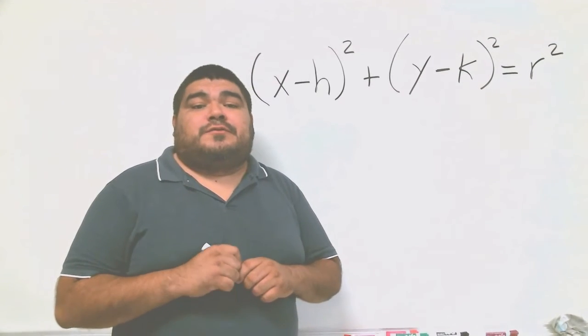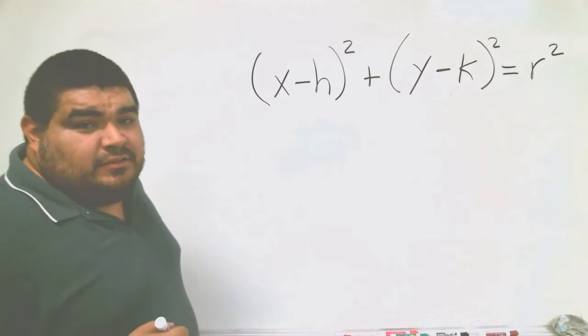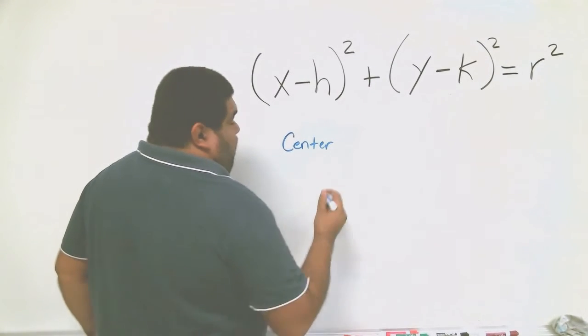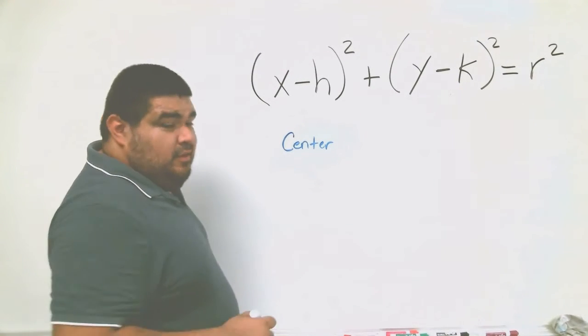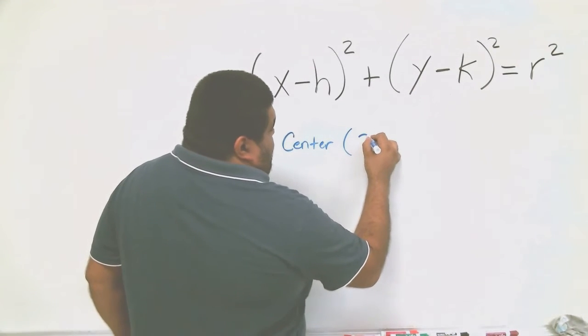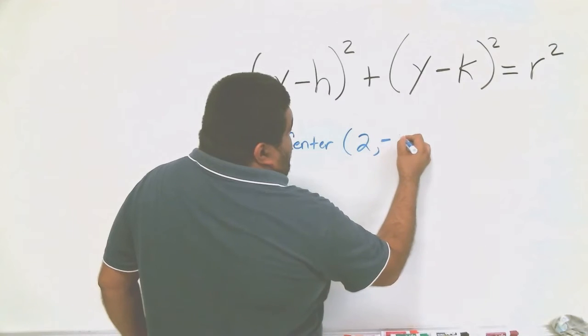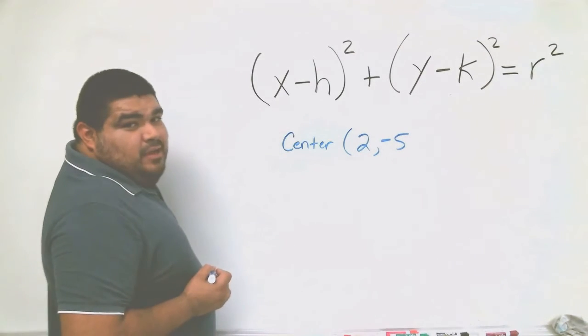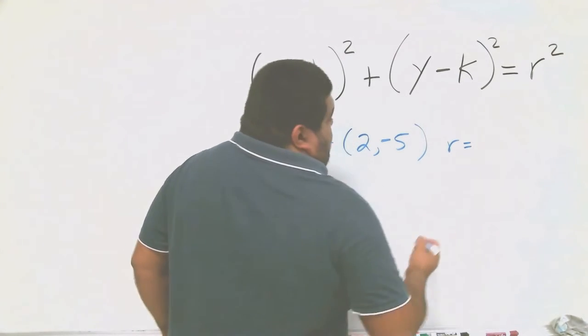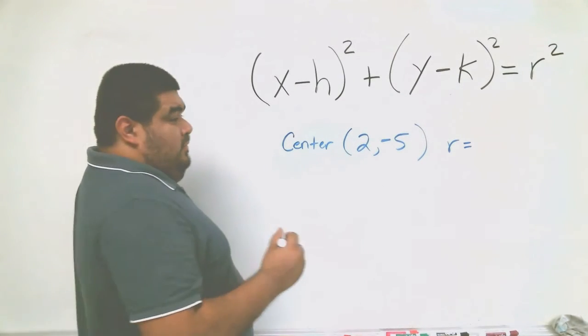All right, guys, so for our first example, it tells us that our center, or point of origin, in other words, is located at 2, negative 5, okay? Our radius is 3.